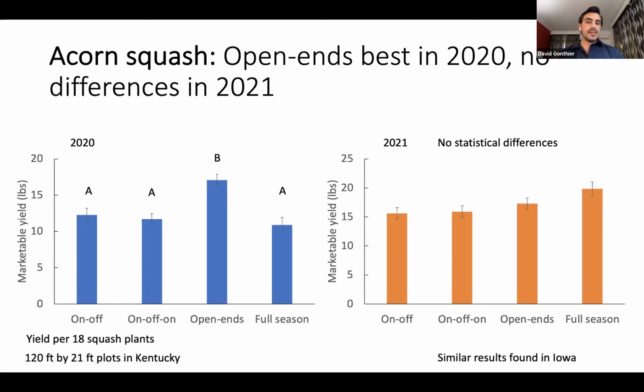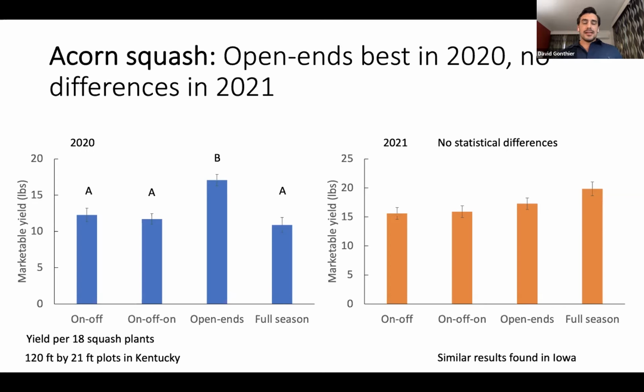But across years, we see variation. In 2021, we really didn't find a real difference between those different treatments, but the full season tended to be better in that year. And at Iowa State, some of the students there found quite similar trends for acorn squash.